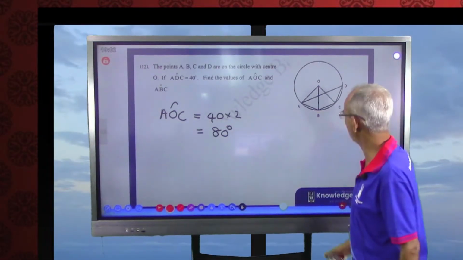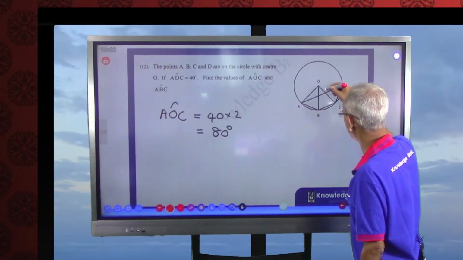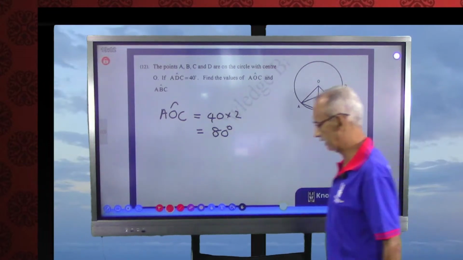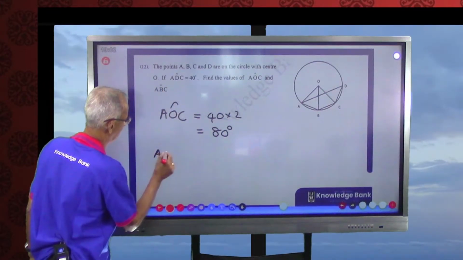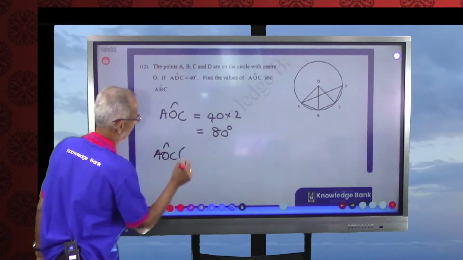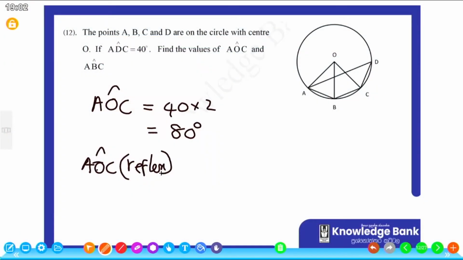Then the next one, we have to find ABC. If AOC is equal to 80, we can find the angle AOC reflex. AOC reflex means this part. The whole thing is 360, minus 80, which is 280 degrees.